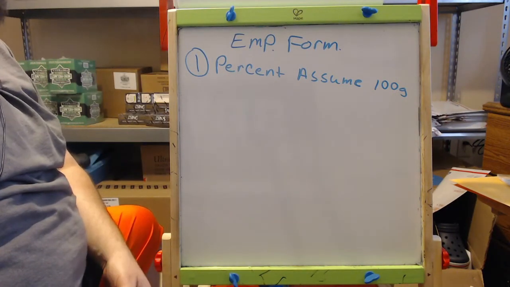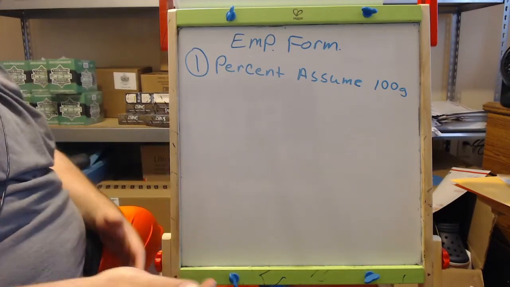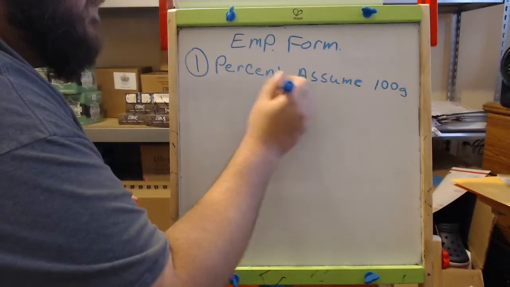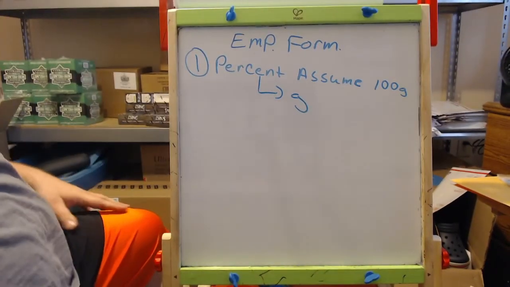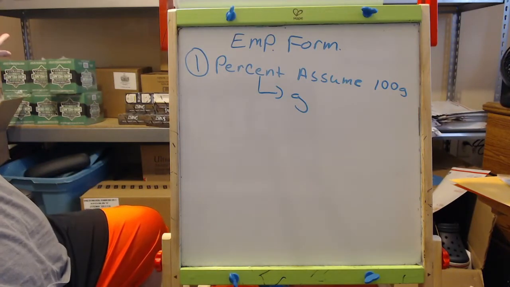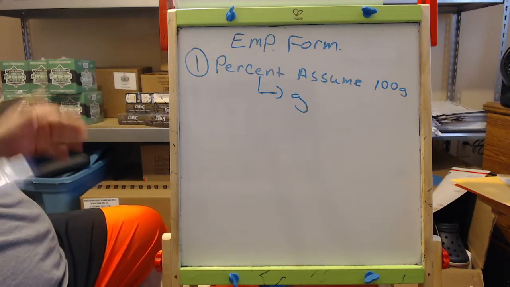Because the law of constant composition says if the percentage is 50% at 10 grams, it's 50% at 100 grams. And the reason we assume 100 grams is that our percentages become our grams. So if I tell you it's 50%, you assume it's 100 grams, then it's 50 grams.